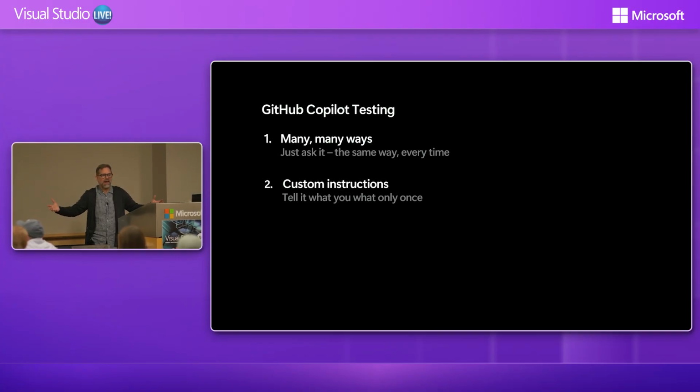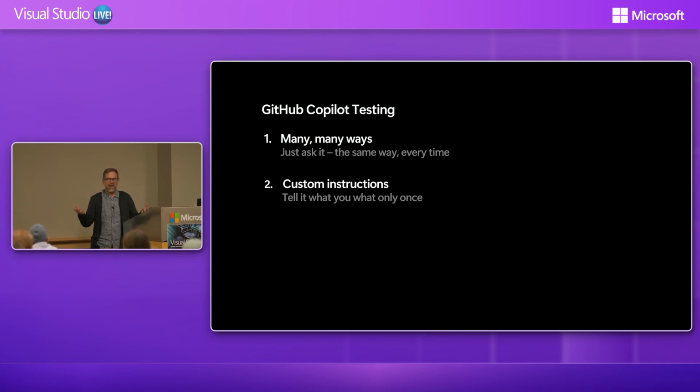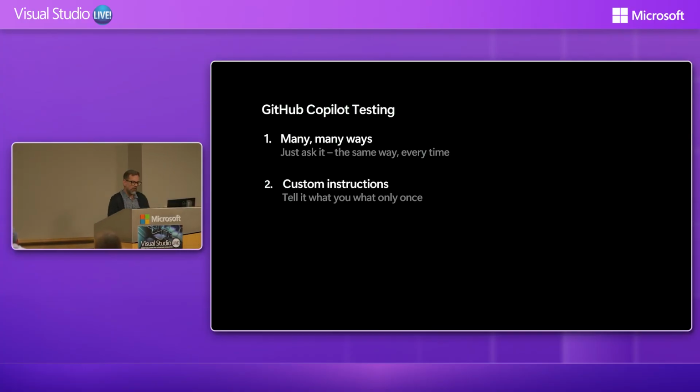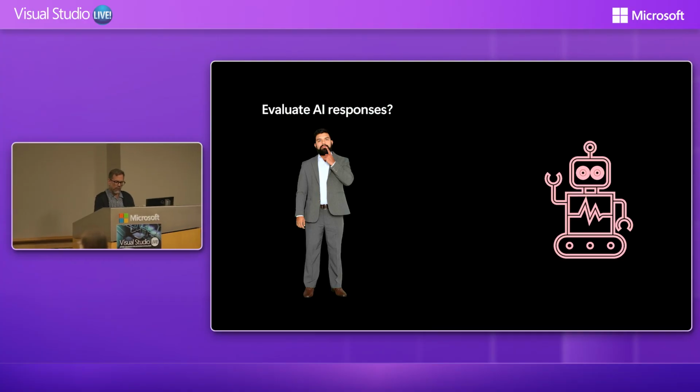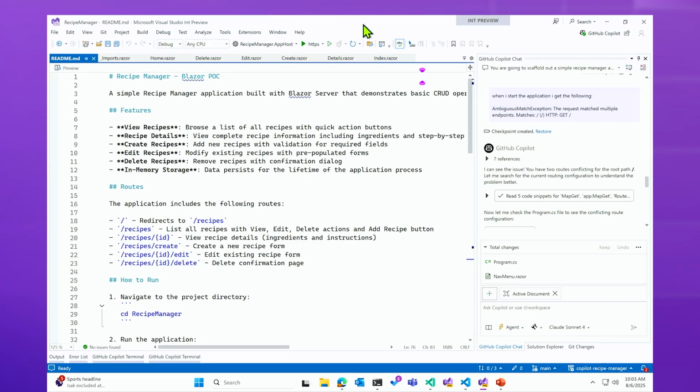Copilot and the AI is really good at everything out there, and everything out there kind of leans towards JavaScript or Python, right? There's not a whole lot of .NET that it's been trained on. It's just the way things are. It's getting better and better, but there's just a whole lot more JavaScript out there. So before we get to that awesome slide, let's show a little bit of Copilot and the custom instructions.